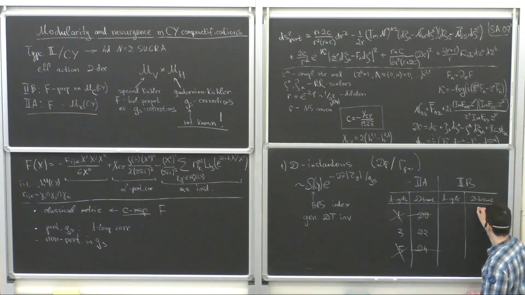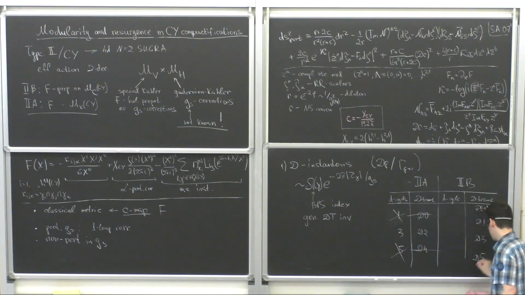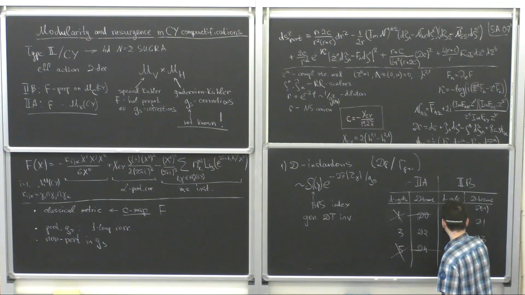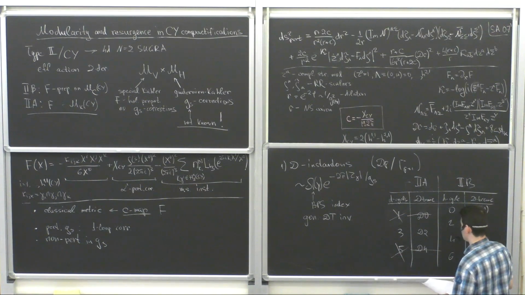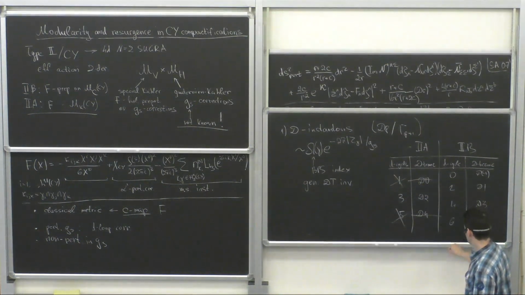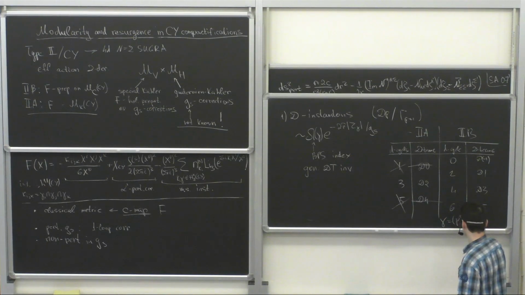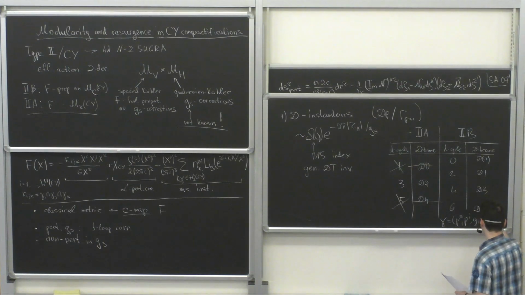And in type 2B, the story is completely different. We have 4 types of D-branes, and all of them contribute to the story. And actually, in type 2B, it will be convenient to decompose the electromagnetic charge, so we can write it like p^0, p^i, q_i, q_0.